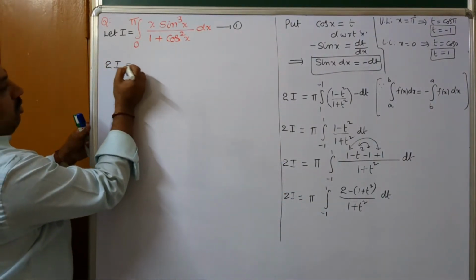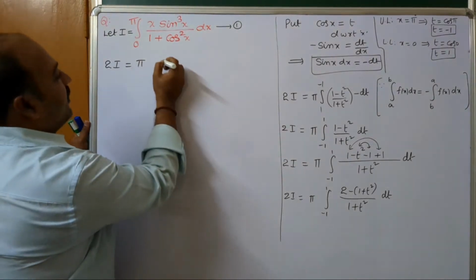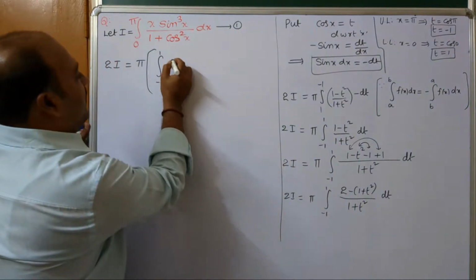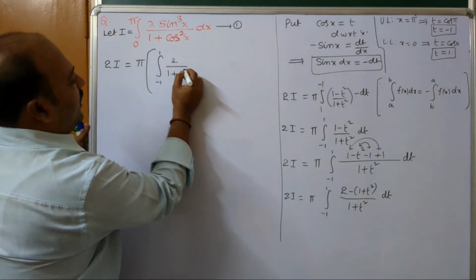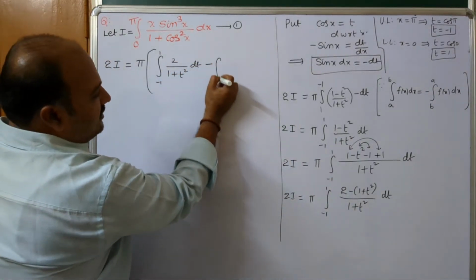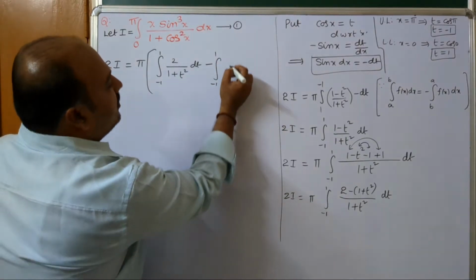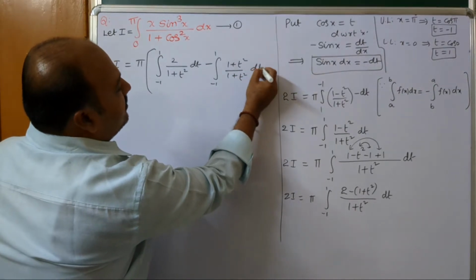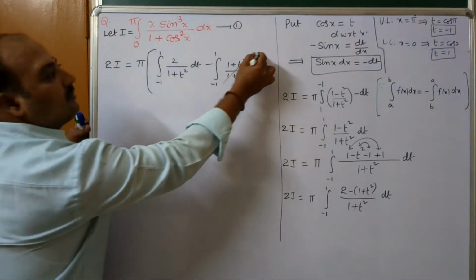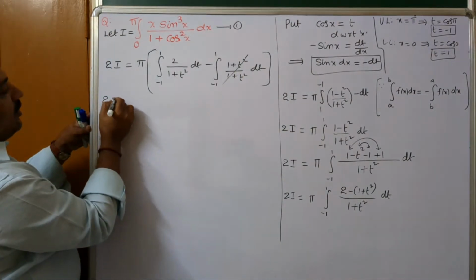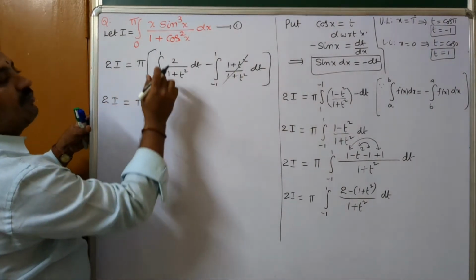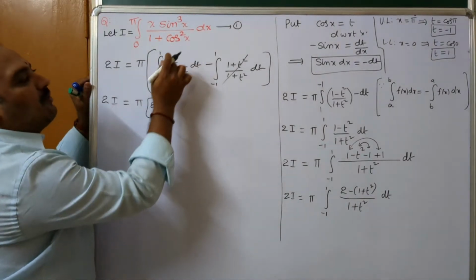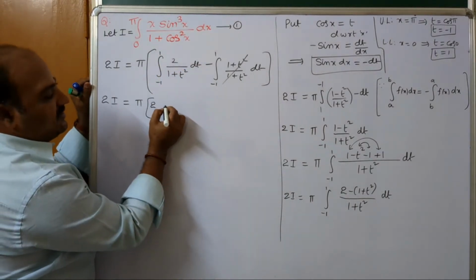2I equal to pi into integral -1 to 1, we can split into two integrals. 2 by 1 plus t square into dt minus integral -1 to 1, 1 plus t square by 1 plus t square into dt. We can cancel them. So 2I equal to pi into, two constant you can take outside. 1 by 1 plus t square, tan inverse x.